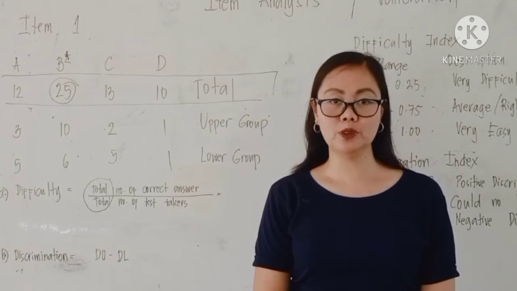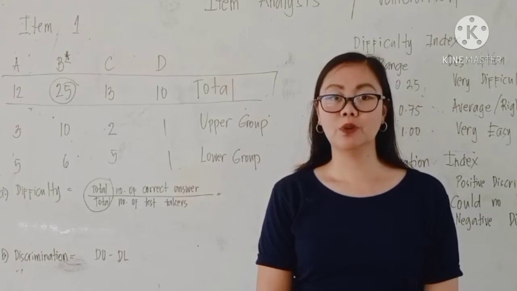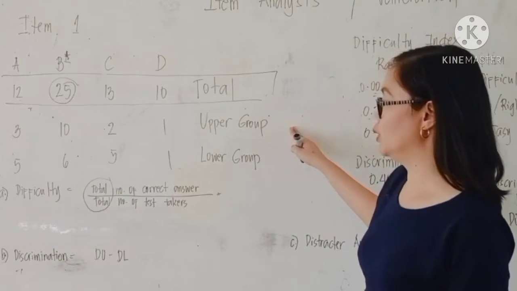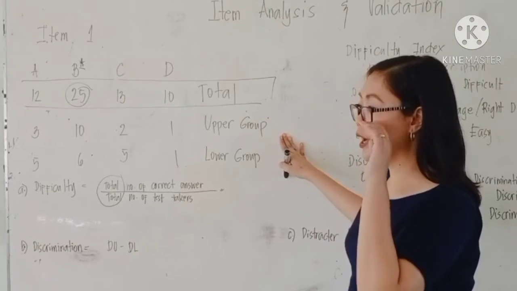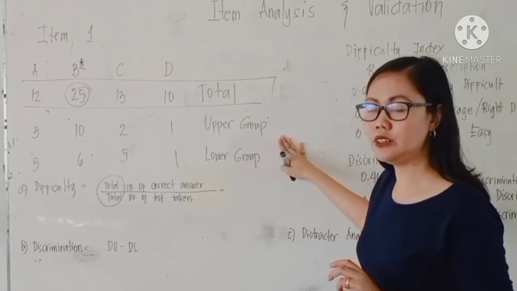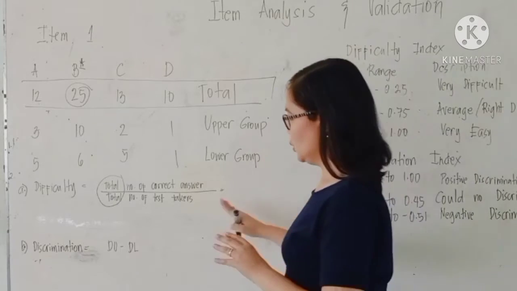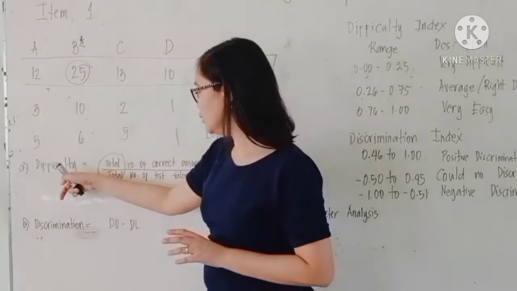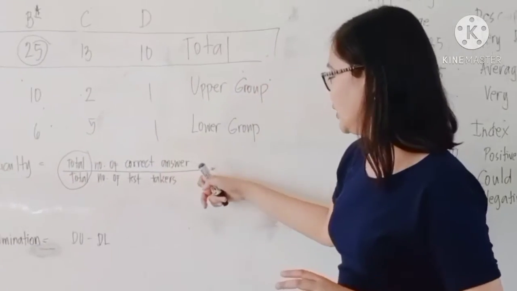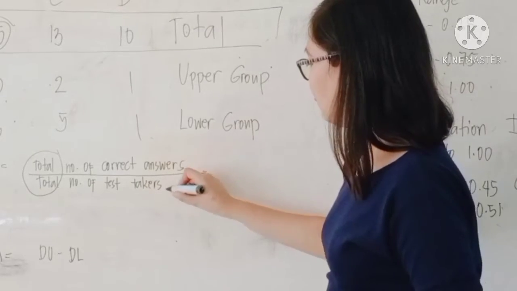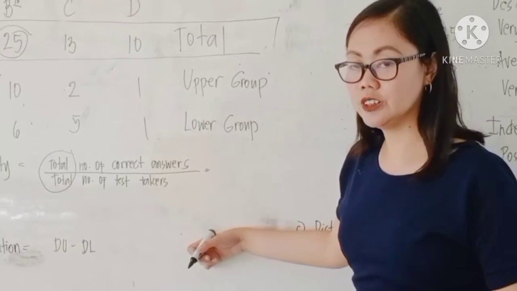So we will now be using your table for item analysis. This is your item analysis table. So for letter A, we have to compute whether the test item has the right difficulty or not. So, for the formula of our difficulty index, we have the total number of correct answers divided by the total number of test takers.